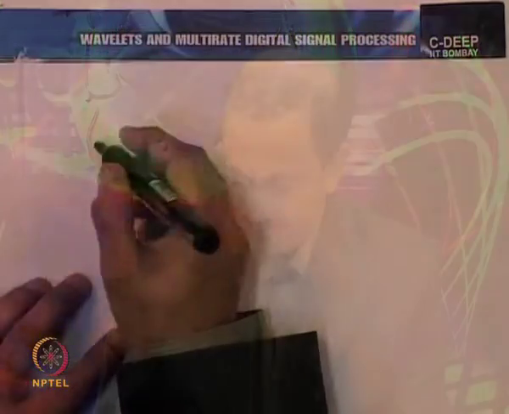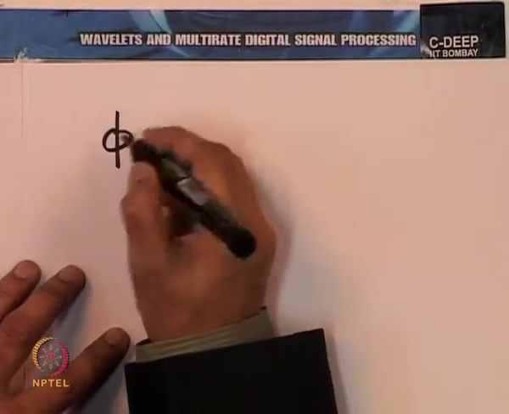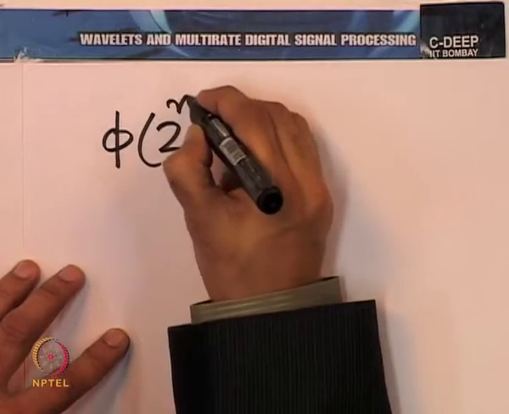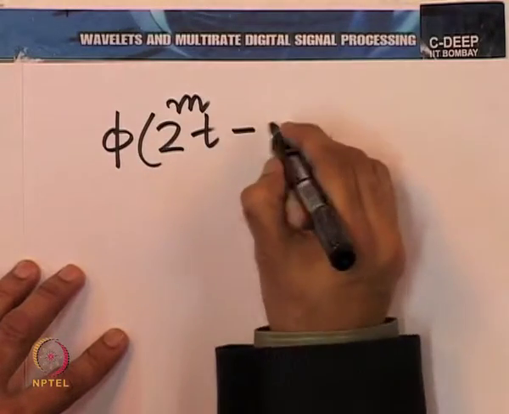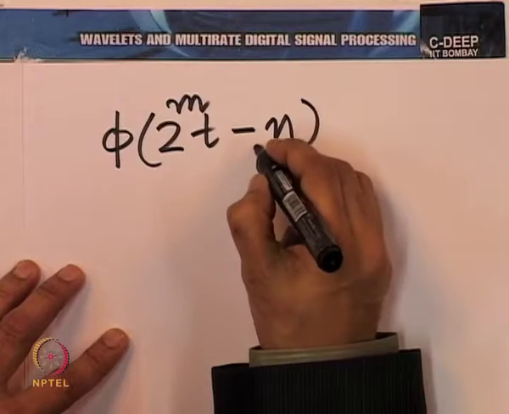So, I will take an instance. Let us take any arbitrary m and let us look at the norm. So, if we consider phi 2 raised to the power of m t, and again the minus n does not affect the norm.